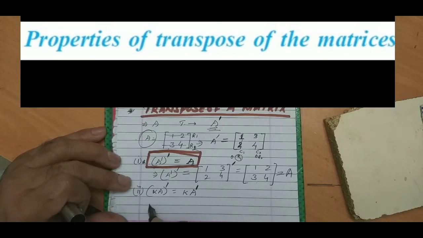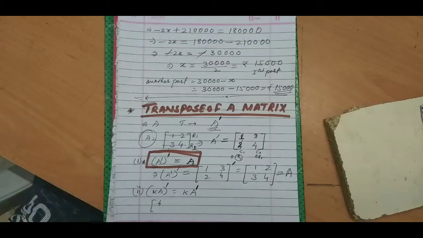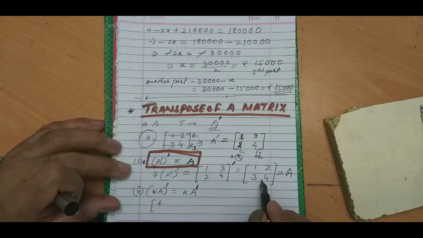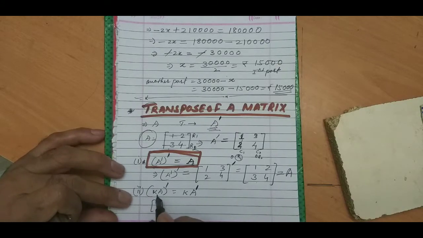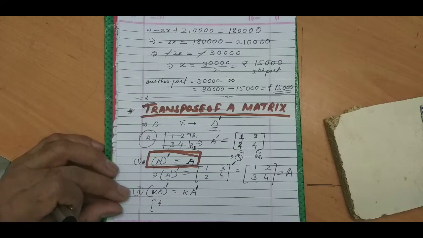I explain how. Suppose we have multiplied any matrix by 2. Property 1 completed here. Now property number 2, the constant is multiplied to the matrix and then we are taking its transpose, then it is equal to the constant simply out of the matrix and then the transpose of only the matrix.